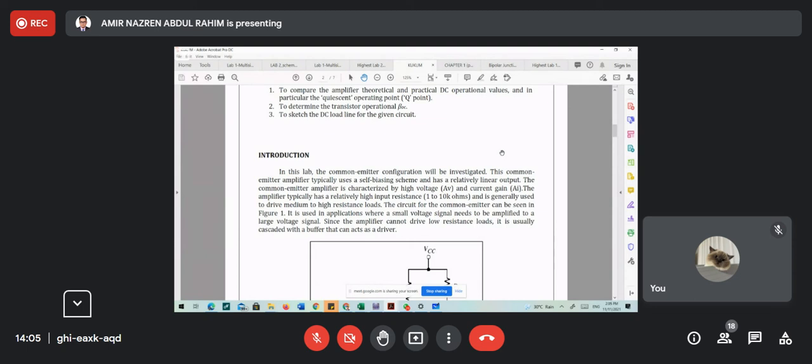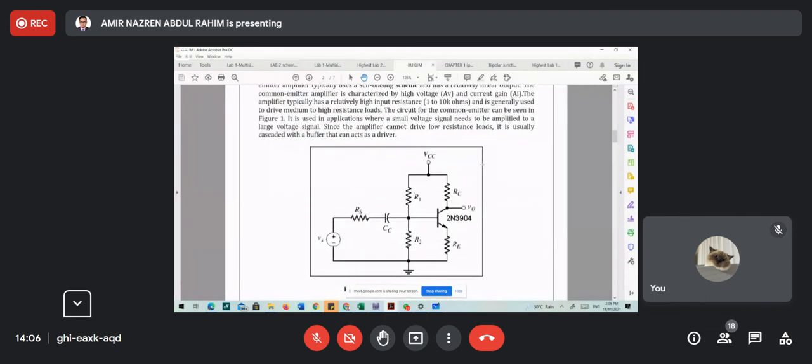The amplifier typically has a relatively high input resistance, 1 to 10 k ohms, and is generally used to drive medium to high resistance loads. The circuit for the common emitter can be seen in figure 1.